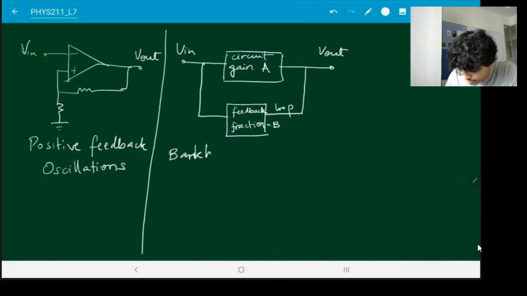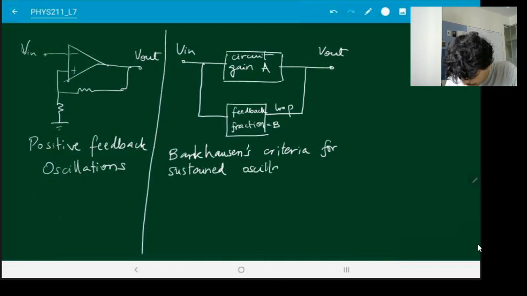Now Barkhausen's criteria or conditions in order to get sustained oscillations in this circuit, there are two of them. The first says that the gain multiplied by the feedback fraction should be 1.